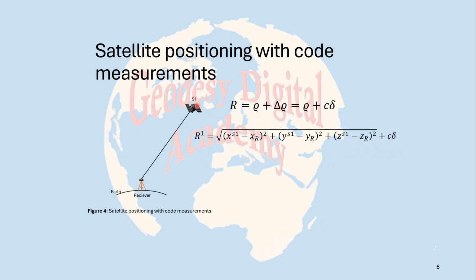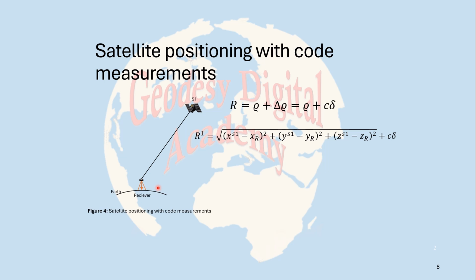In fact, the satellite sends codes continuously down to the receiver, and the receiver has the same code and regenerates the same code. By comparing these two codes, the code that the receiver has generated itself and the code that the satellite has sent to the receiver, the receiver recognizes how much time the signal has been on the way from the satellite to the receiver.